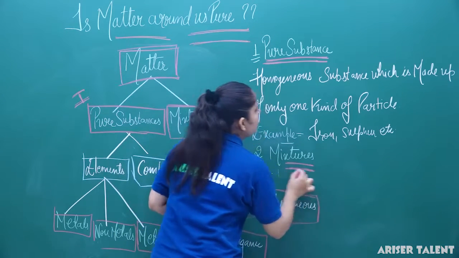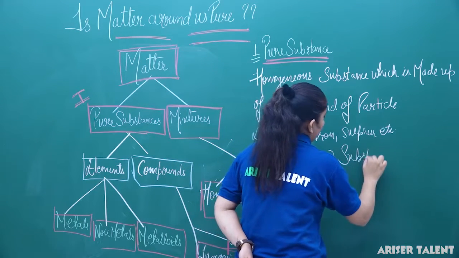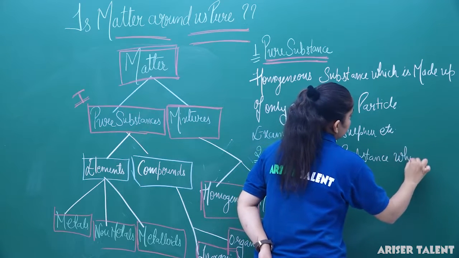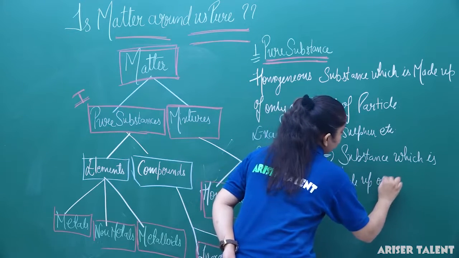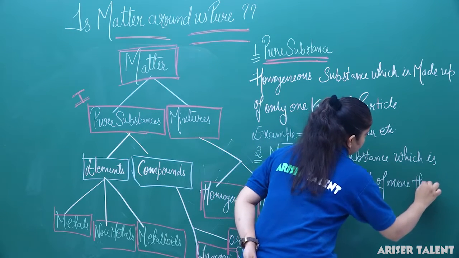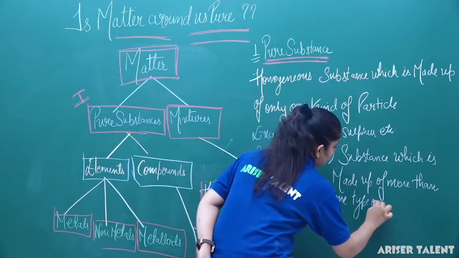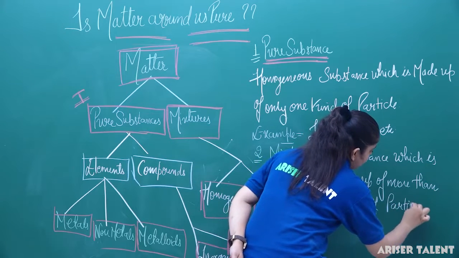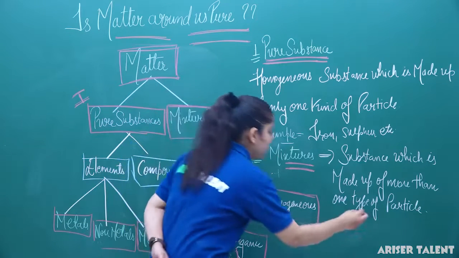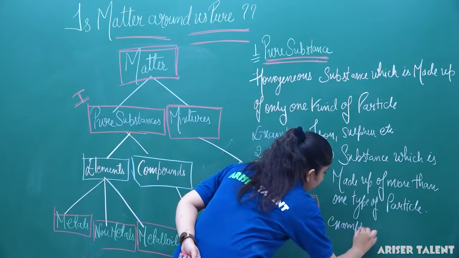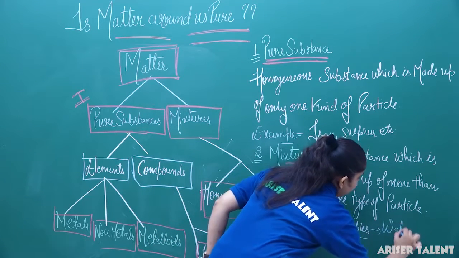A substance which is made up of more than one type of particle, and the examples we have here are water and soil.